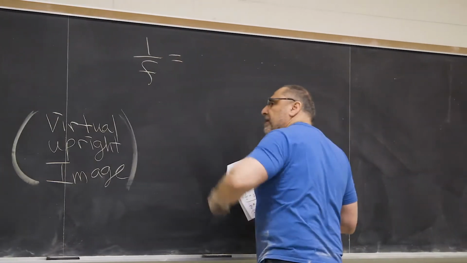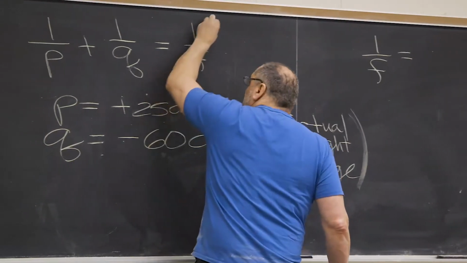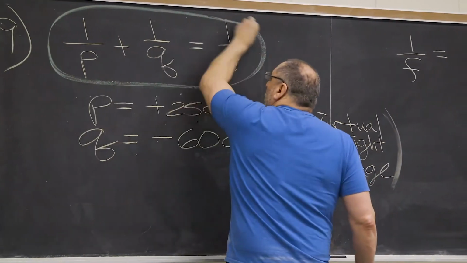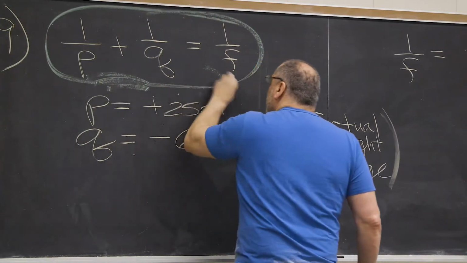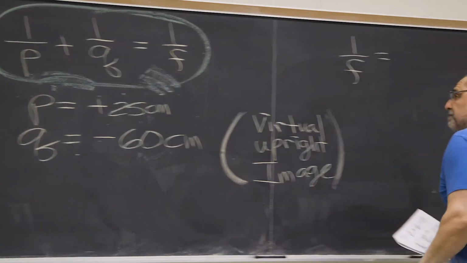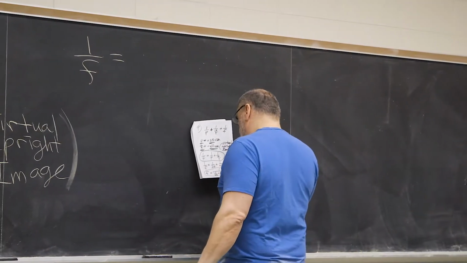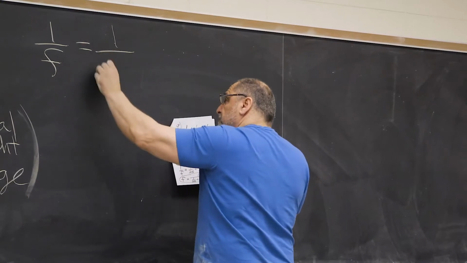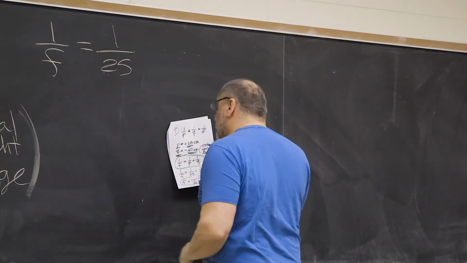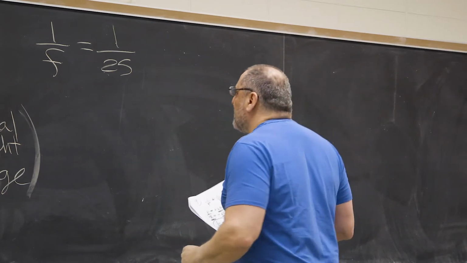1 over f. Again, guys, notice the stuff is here to stay. That's what we had. Let's deal with it. 1 over f equals 1 over the object distance plus 1 over the image distance.